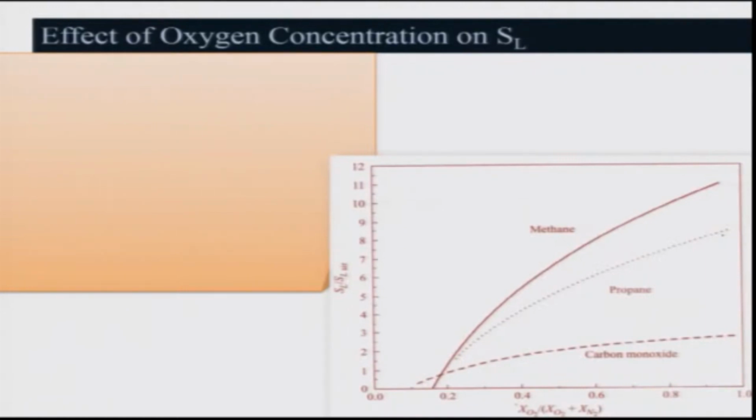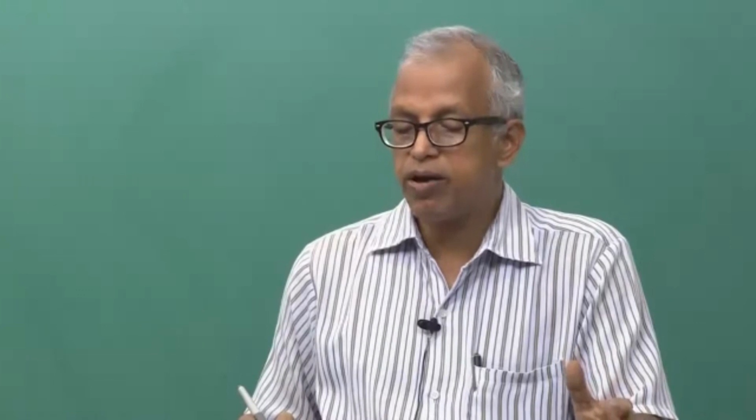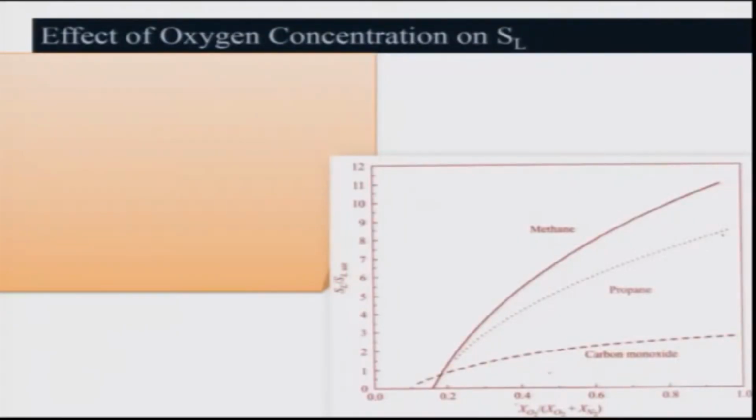Of course, this is very important because people are now bothered about NOx emission, and also for efficient combustion systems people are thinking of using oxygen, or they are trying to replace the nitrogen in the air with oxygen.